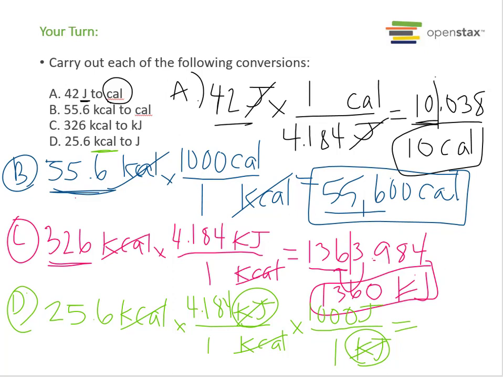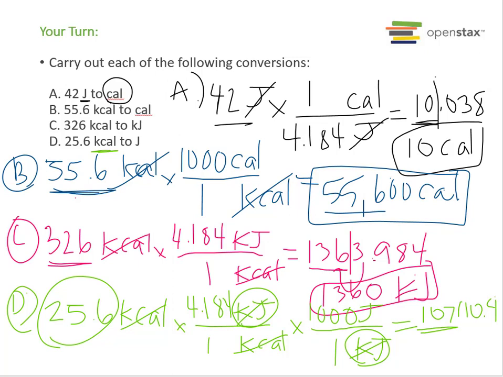So let's write down our whole big number that we get. 107,110.4 is what my calculator shows. So now let's look back at what we started with. I started with 3 significant figures. So I need to end with 3 significant figures. 107, that's my first 3.